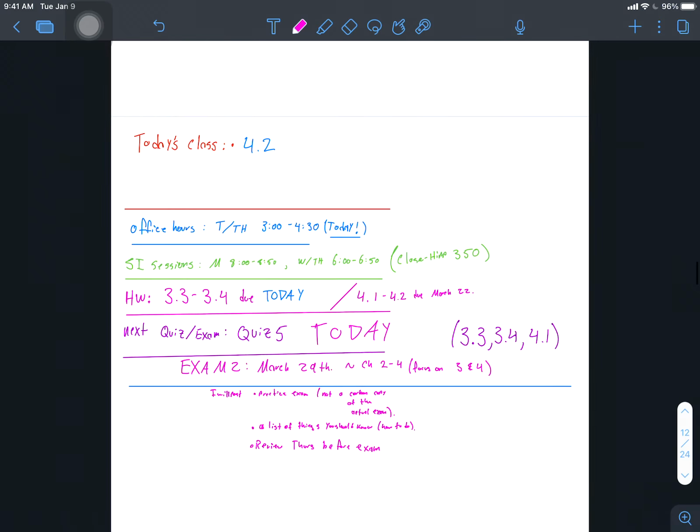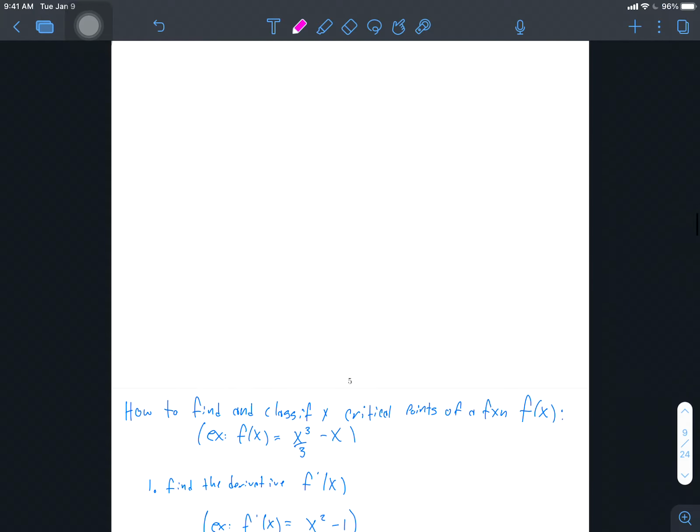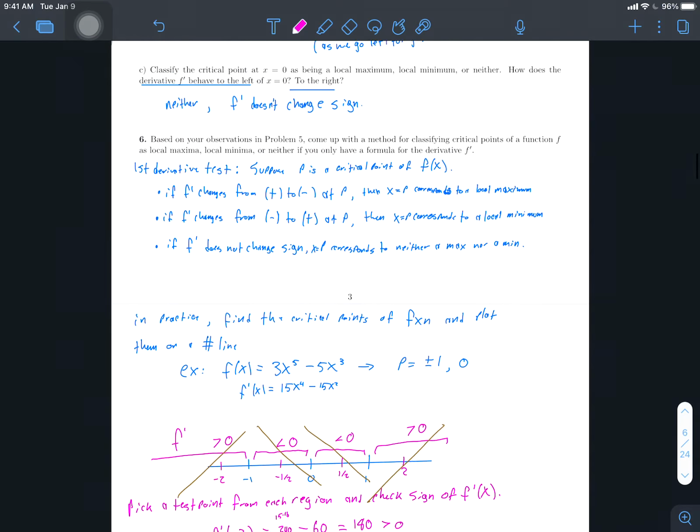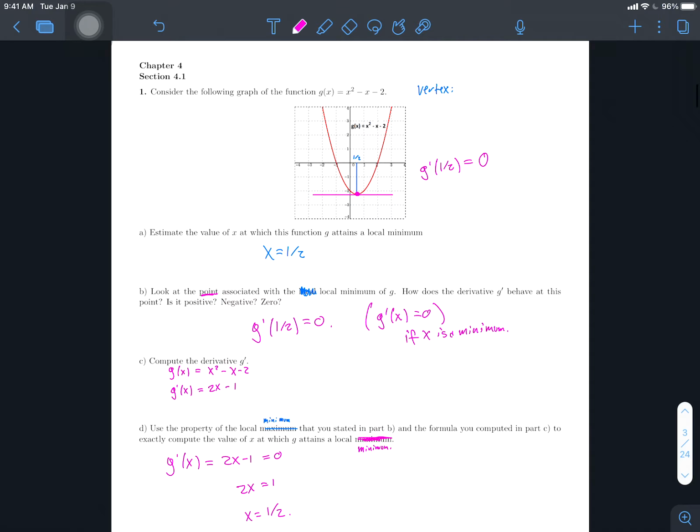Okay, then let's start for today by going backwards and reviewing what we learned in the first section of chapter 4, which had a lot of information.